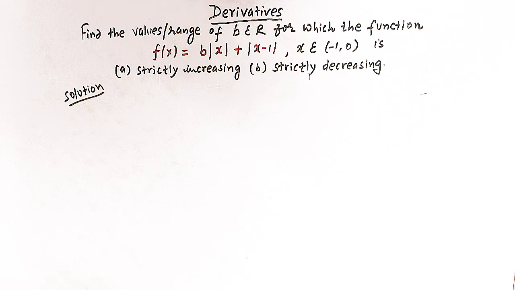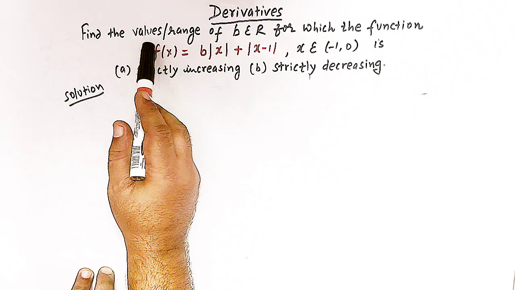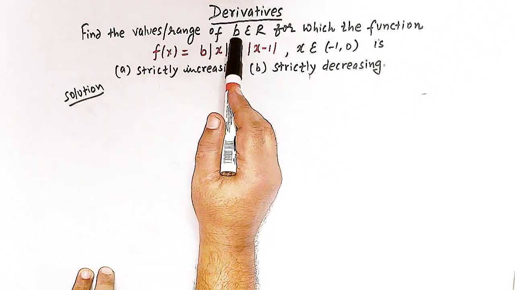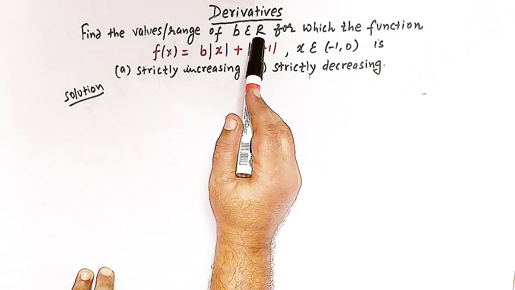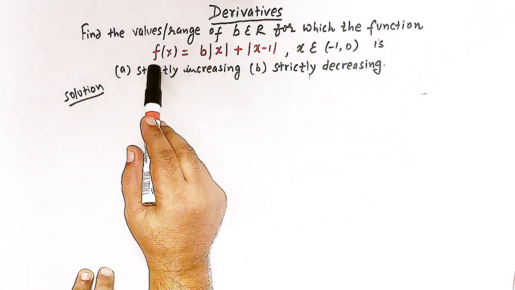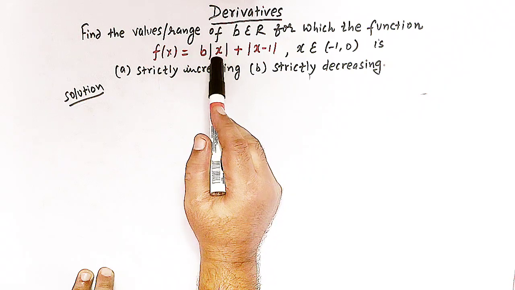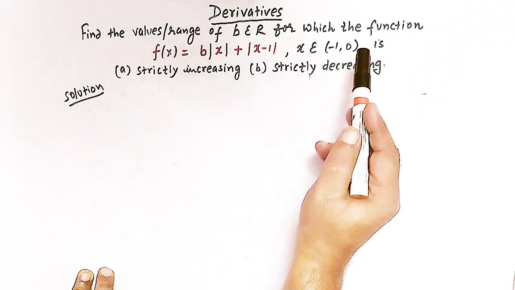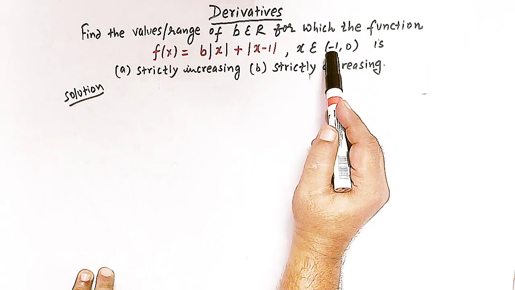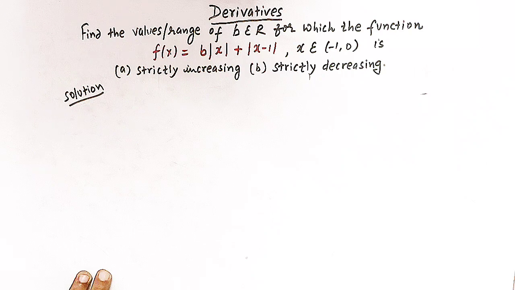So let us first read out this problem. Here we have to find the values or the range of this number b, which belongs to the set of real numbers R, for which the function f of x is equal to b times mod of x plus mod of x minus 1, where x belongs to the open interval (-1, 0), is strictly increasing and strictly decreasing.